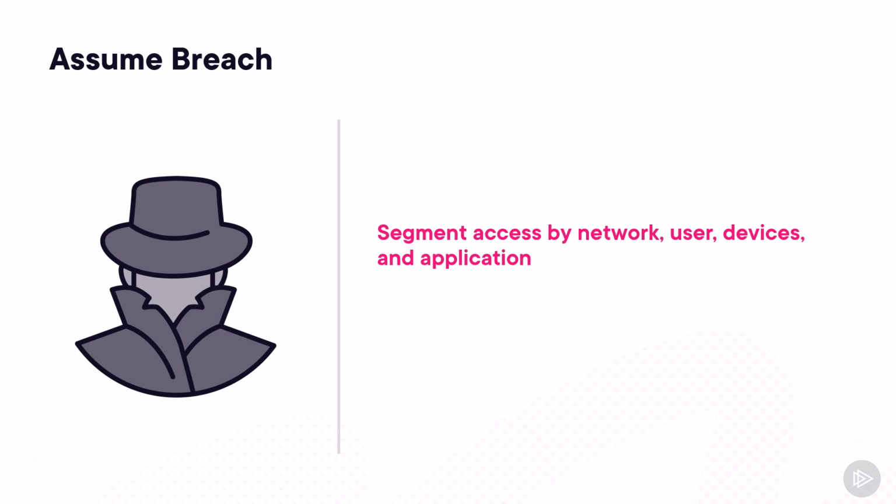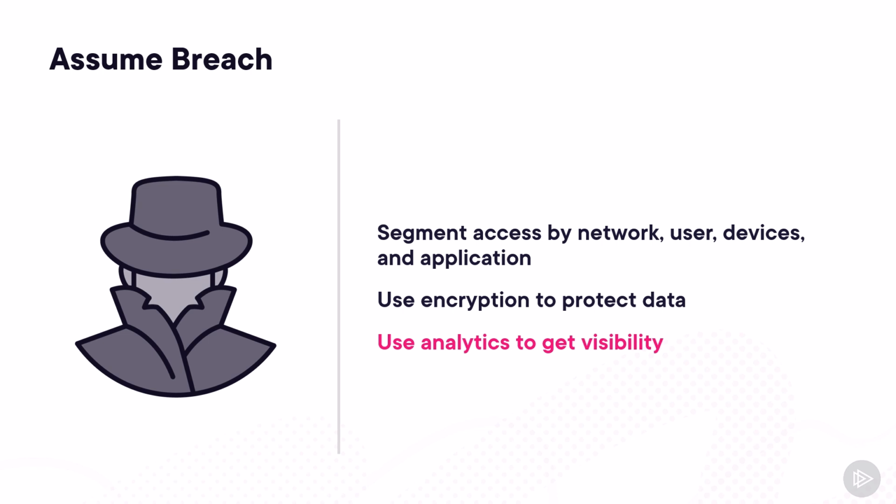You should ensure that all of your data and sessions are encrypted, and you should use analytics to get visibility of threats and improve threat detection. The last one is important as even once somebody is authenticated, you need to keep monitoring them and see what they do, and at any point, if any threats are detected, assume breach and take corrective action.